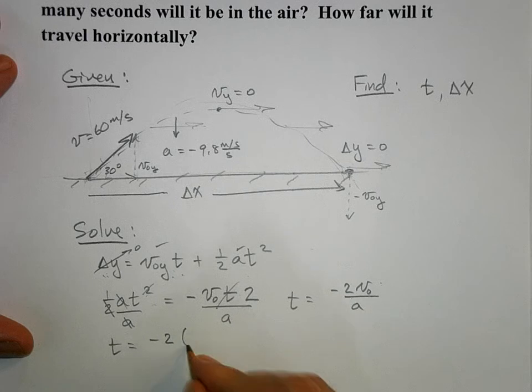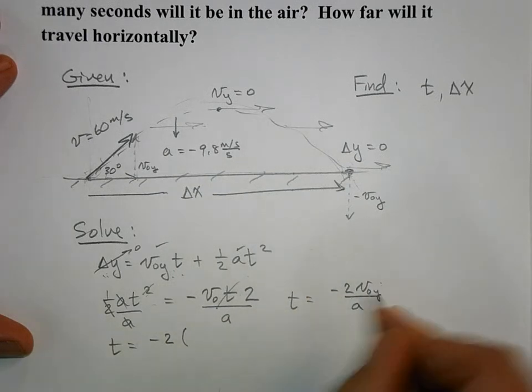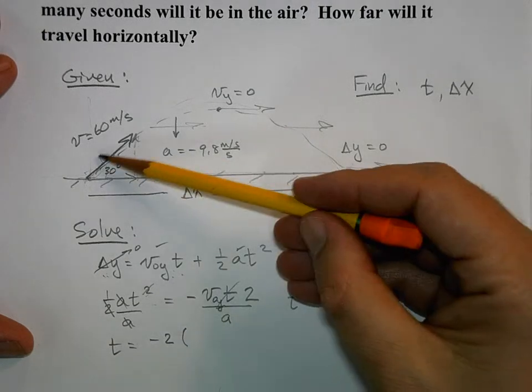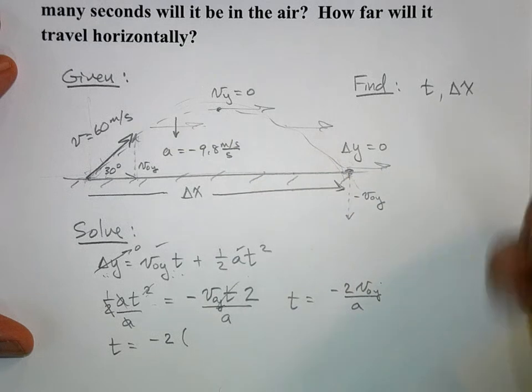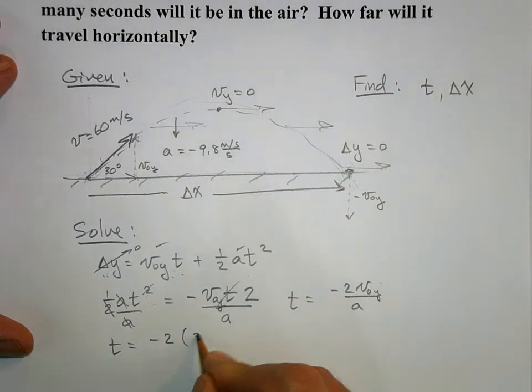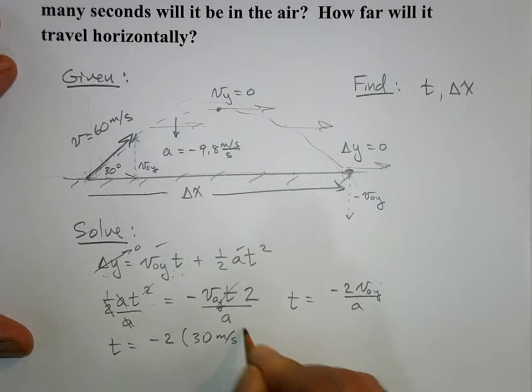And then v naught is, this is v naught in the y direction. I should specify that. Well, just to save a little time, I'm going to say it's v naught times the sine of 30 degrees, multiply that by 60, you get 30. So this is going to be 30 meters per second.